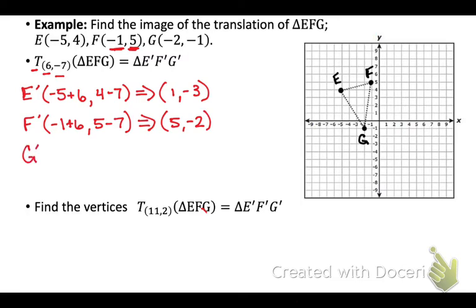Yeah. Okay. Did you get 4, -8? Yeah. Okay, graph it. And it better look exactly like the other one, right?